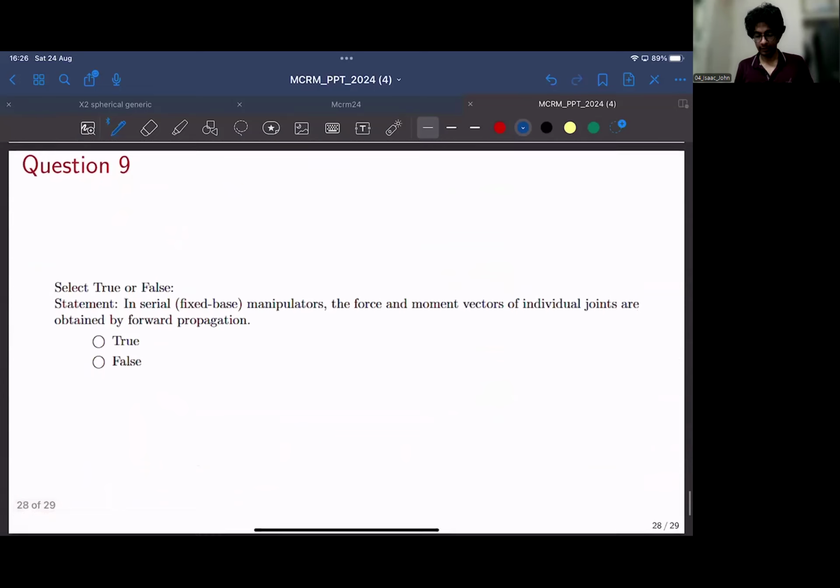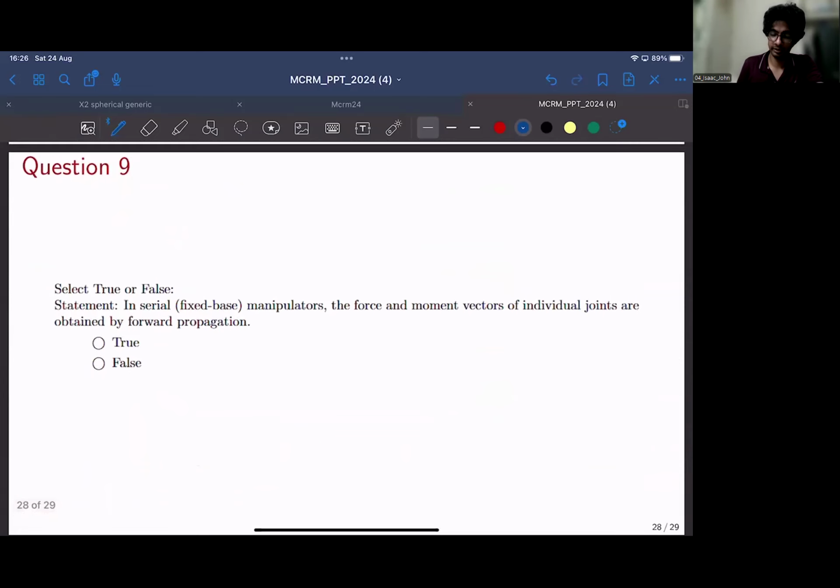Moving on to our final question, it's again a true or false question. The statement says that in a serial or a fixed base manipulator, the forces and moment vectors of individual forces are obtained by forward propagation.